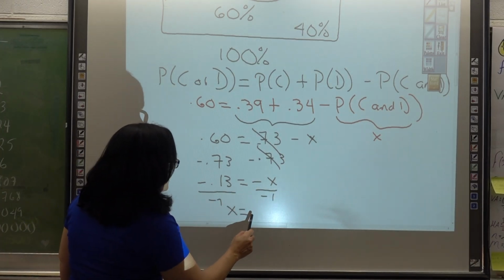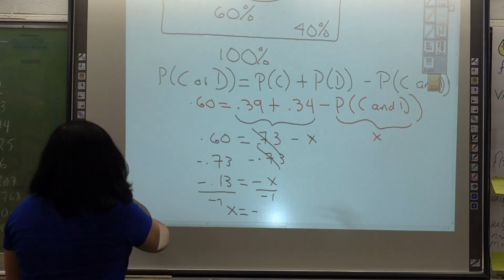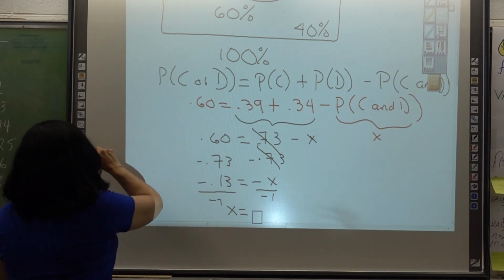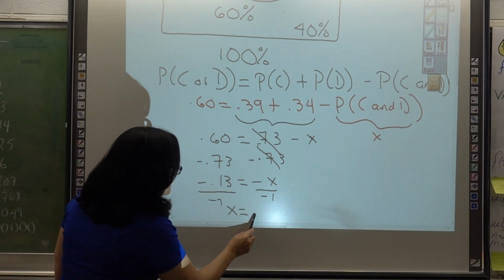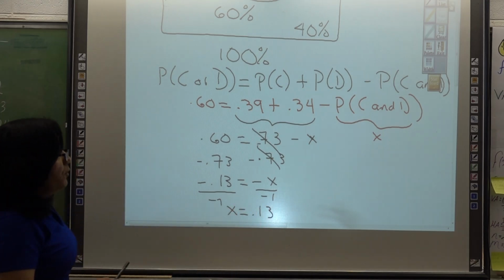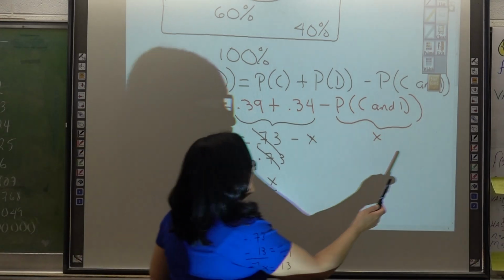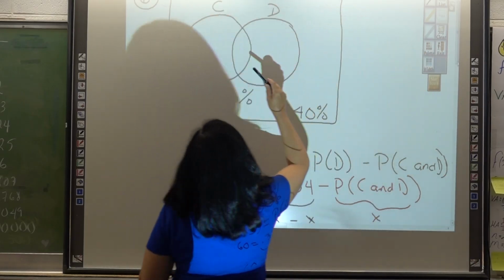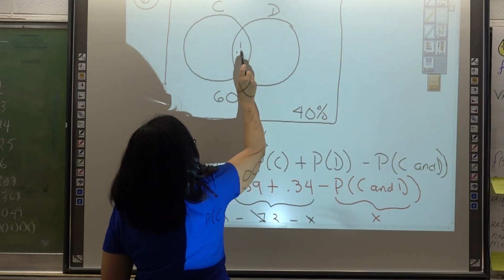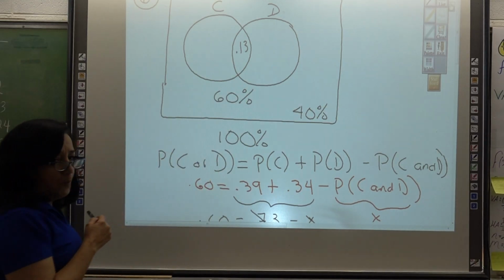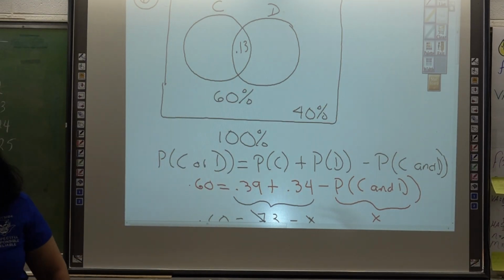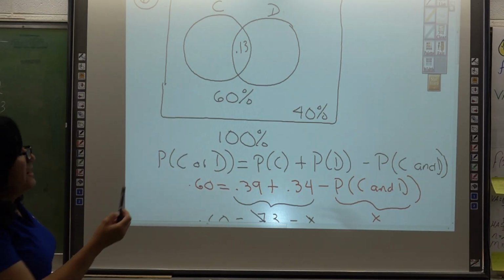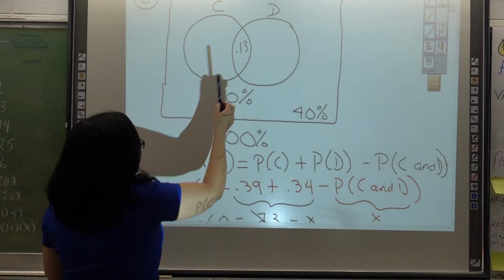X equals positive 0.13. There is no negative probability. So it's 0.13. That means right here you have the probability of having a cat and a dog is 13%, or 0.13.